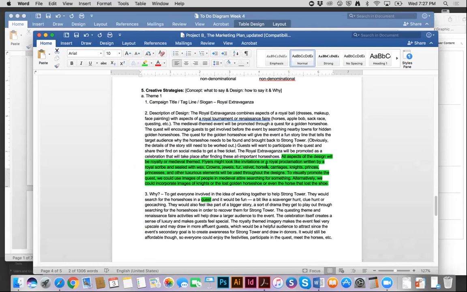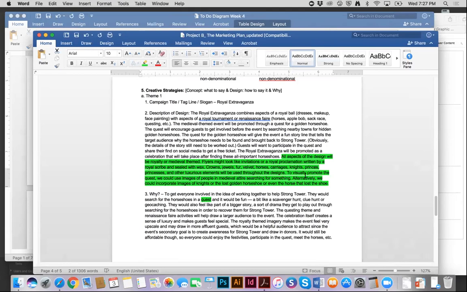It is a royal tournament, Renaissance fair type thing. But when I look at your designs, what will I see? It's going to be royalty, medieval themed. It may look like a royal proclamation, maybe sealed with wax. It could depict crowns, jewels, fur, velvet, horses, carriages, and so on.